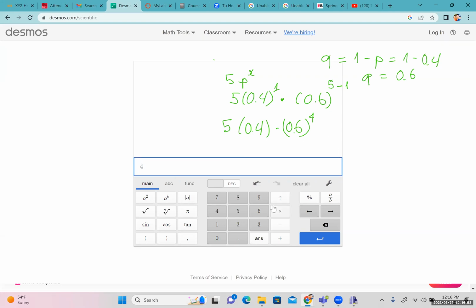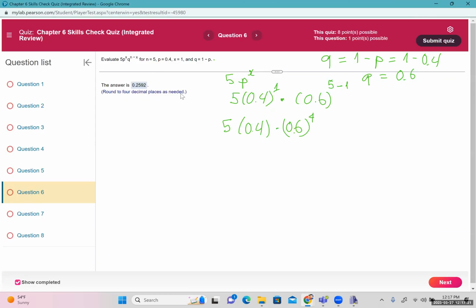5 times 0.4, and then times 0.6, and then raised to the power 4. So is this going to be the answer? If you need a fraction form, you're going to convert it to the fraction form here. But let's see if they want us to write it as a fraction. So they want us to write in decimal, like 4 decimal places. So let me copy, paste it down.